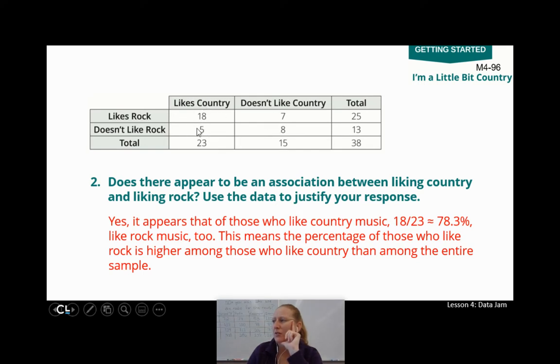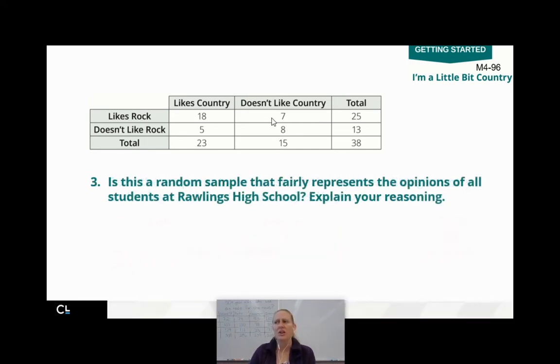Definitely the biggest out of all four of these numbers here. So this means that the percentage of those who like rock is higher amongst those who like country than amongst the entire sample, right? So 18 out of the 23, that's 78%. So of the students that liked country, 78% of them liked rock as well. So definitely some association there.